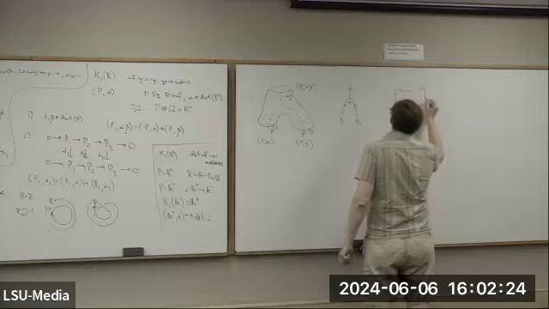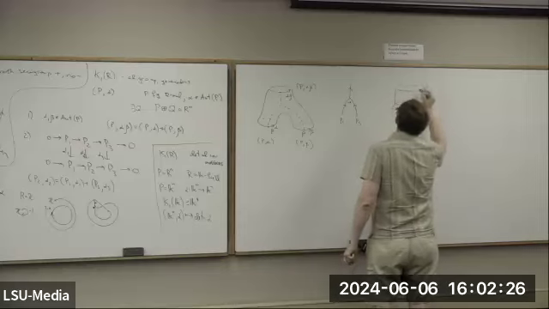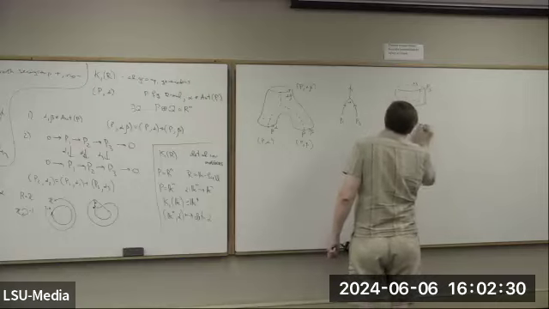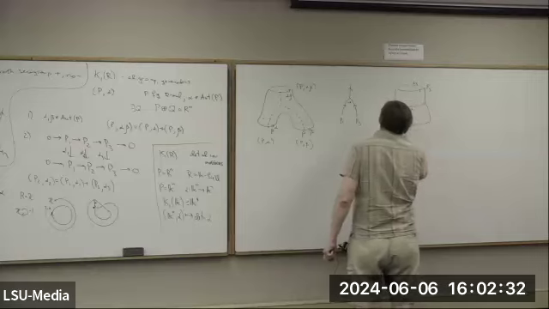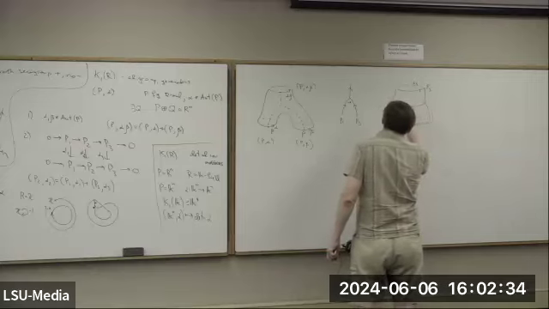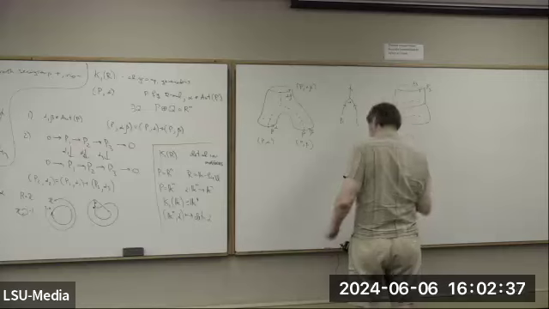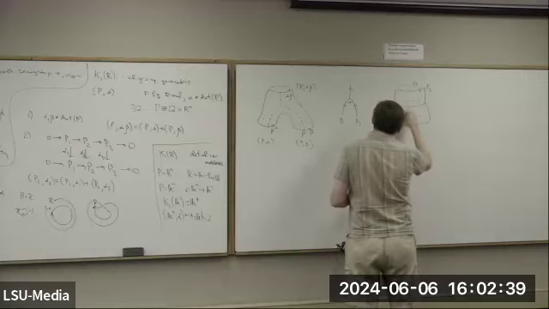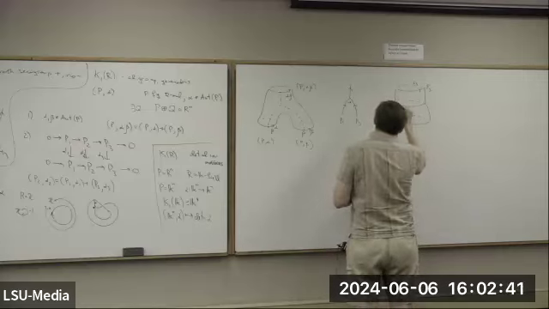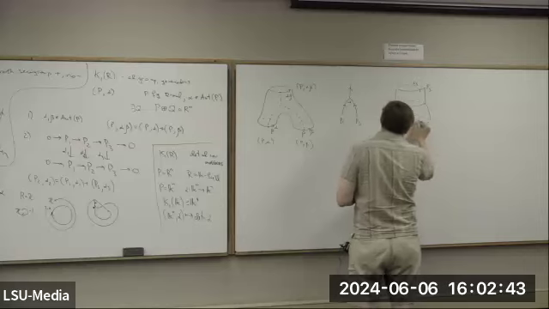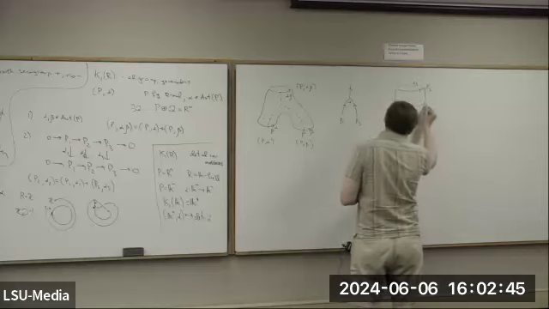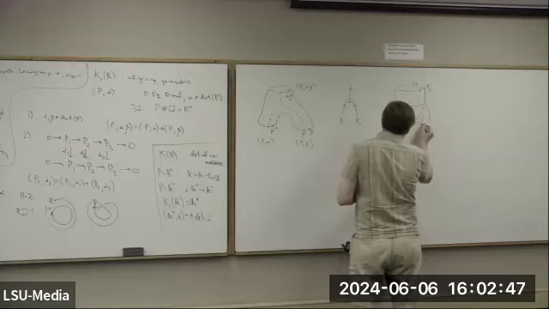So what we have at the top is P3 with monodromy alpha 3. Here we have P1 with monodromy alpha 1.